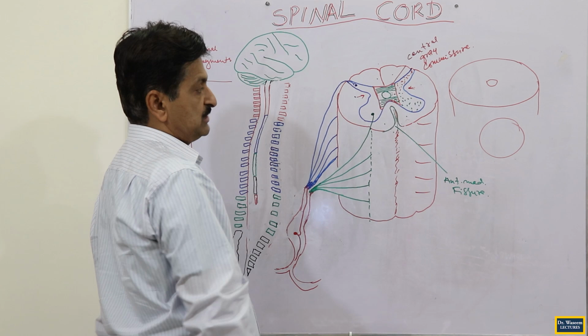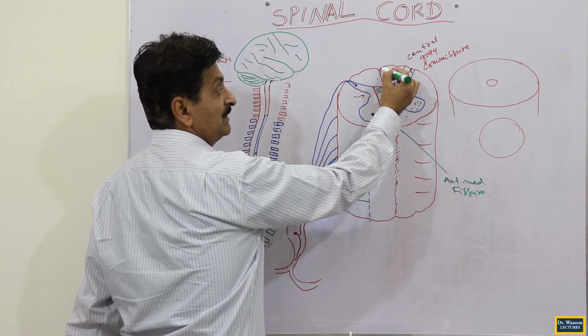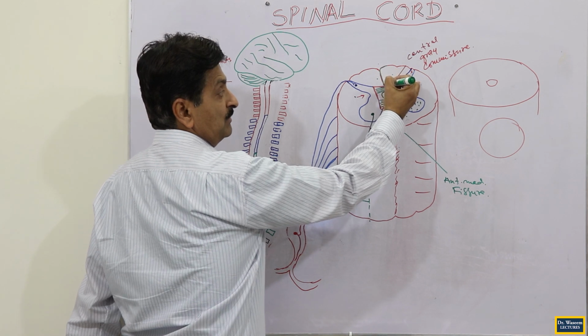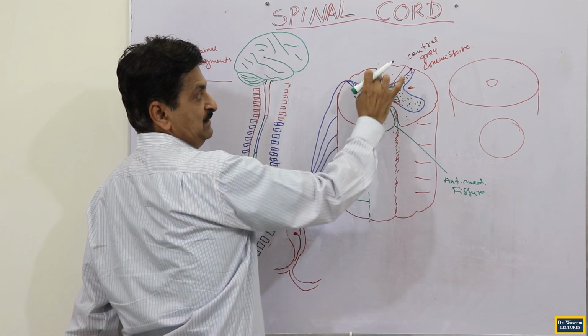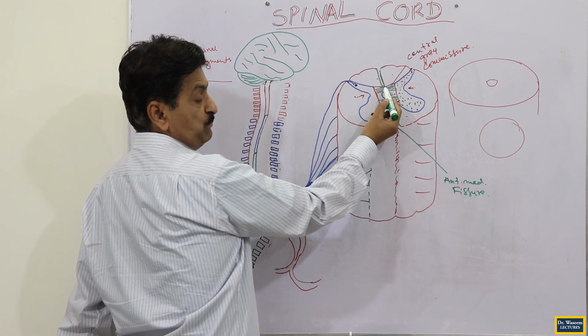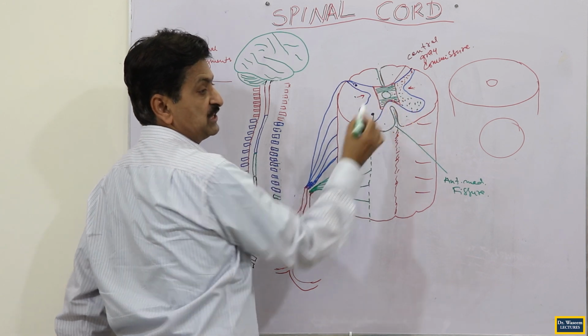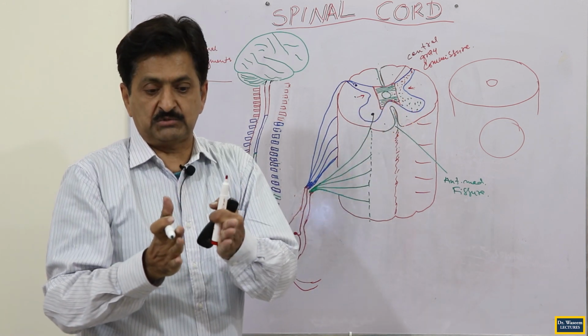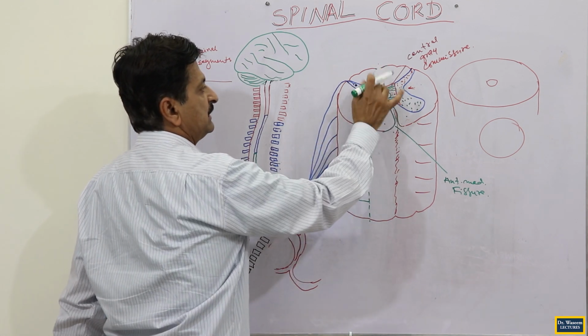Similarly, on the posterior side it will come inside and return back. It looks like there is a fissure again, but this time it is touching the posterior gray commissure. When it touches the posterior gray commissure, the two walls of the fissure will touch each other, collapse, and there is no more gap.